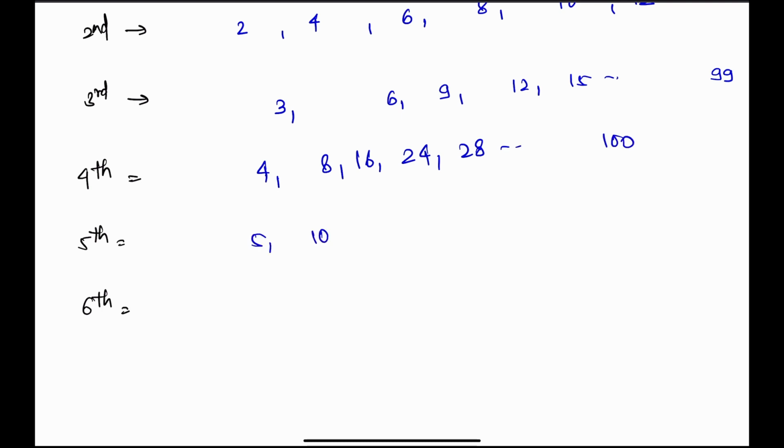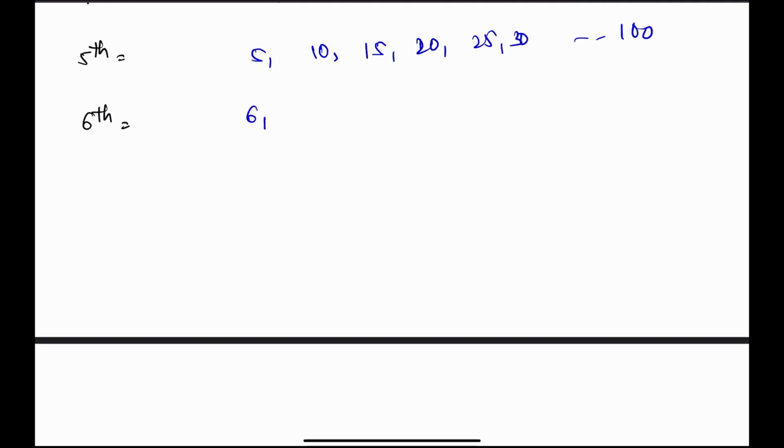The fifth: 5, 10, 15, 20, 25, 30, so on till 100. The sixth: 6, 12, 18, 24, 30, 36, till 96; after that it is 102.